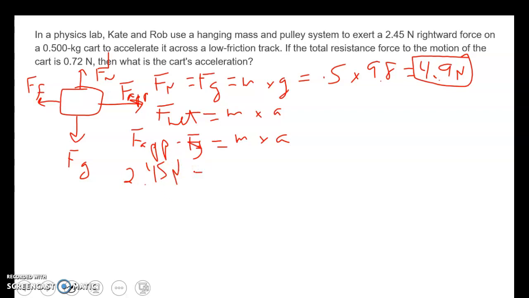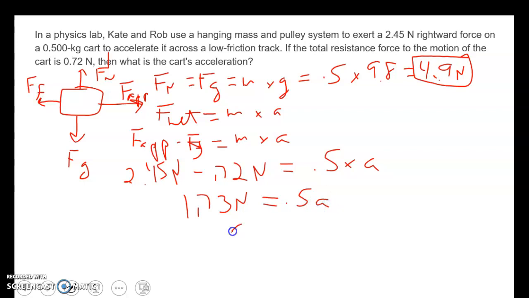Our frictional force, or our resistance force, is 0.72 newtons. And that's equal to our mass, 0.5, times our acceleration. So 2.45 minus 0.72 gives us 1.73 newtons, equal to 0.5a. Divide both sides by 0.5 to find our acceleration, and our acceleration turns out to be 3.46 meters per second squared.